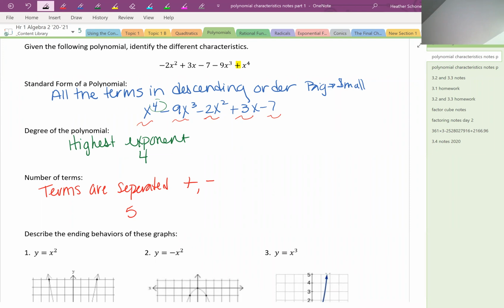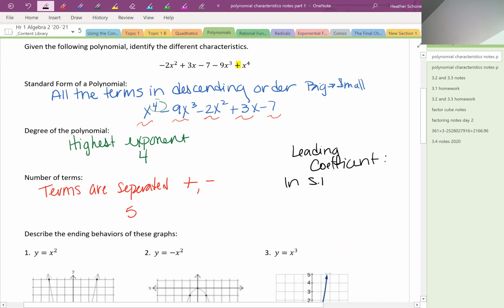Now, the one thing on here that I realized I had forgotten was the leading coefficient. The leading coefficient is, in standard form, the number in the first term.